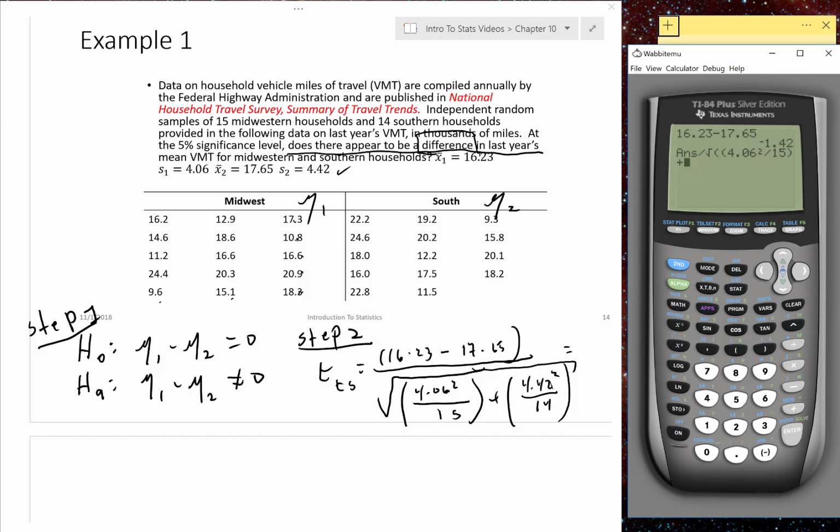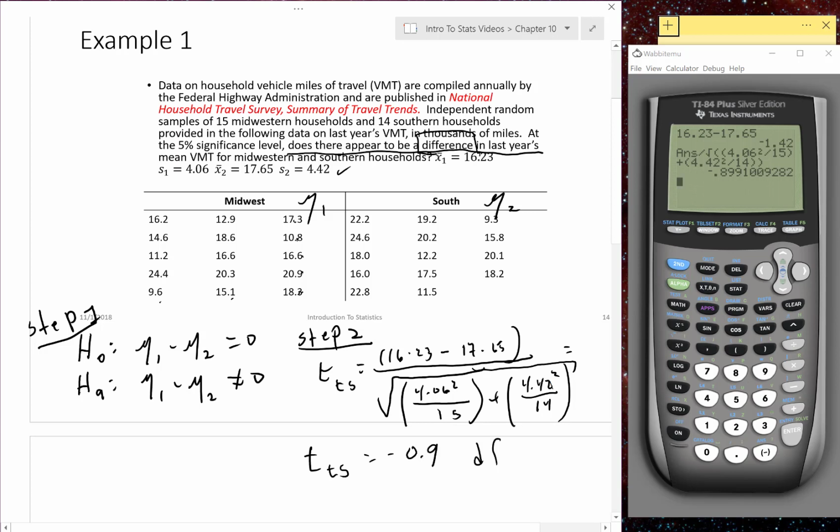Close that, plus open, 4.42 squared, divided by 14. Close, close. There we go. So we get negative, let's just say 0.9. So our t-test statistic is equal to negative 0.9.